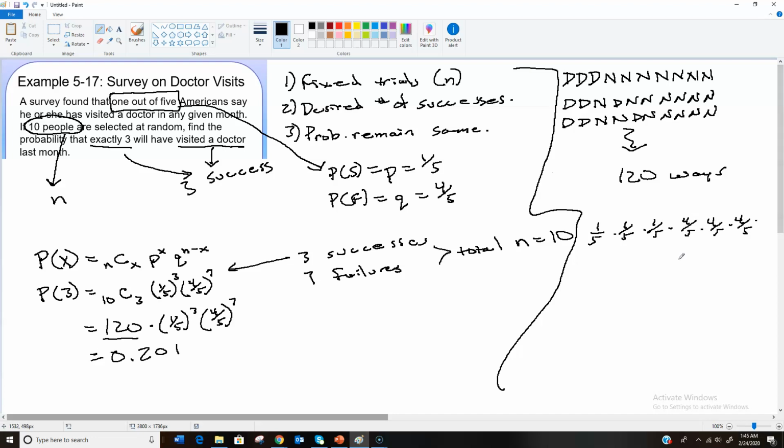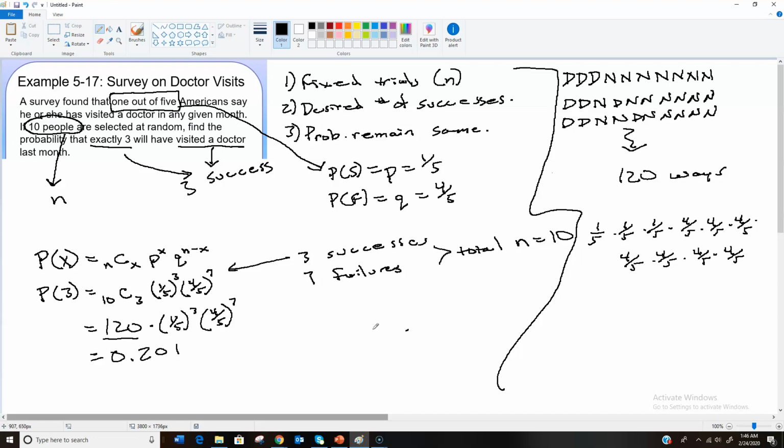So we're up to 6, 7, 8, 9, 10. So the next time, the 1/5 would get swapped with one of the 4/5, but we would still have 3 1/5 and 7 4/5. So again, 3 1/5 and 7 products of 4/5 we would multiply, but we have 120 different ways to do that.